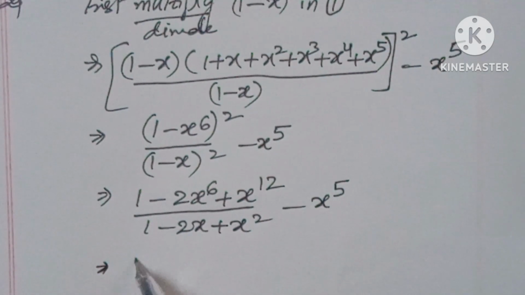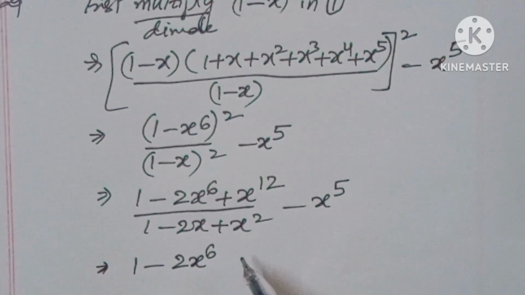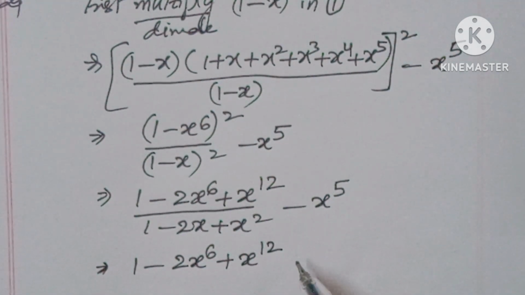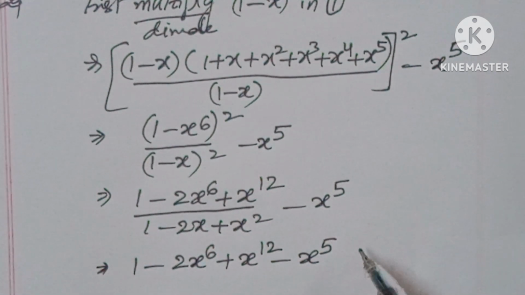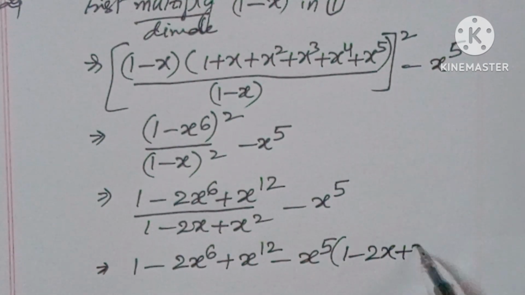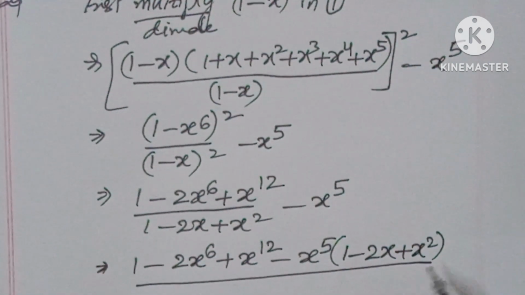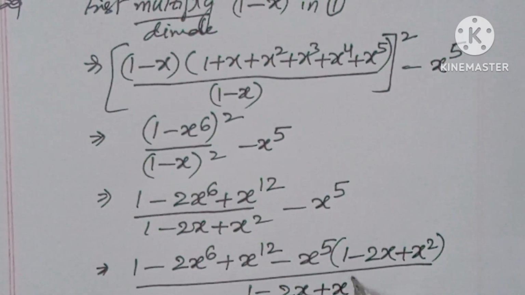So here we'll get 1 − 2x⁶ + x¹² − x⁵ (1 − 2x + x²) over 1 − 2x + x².